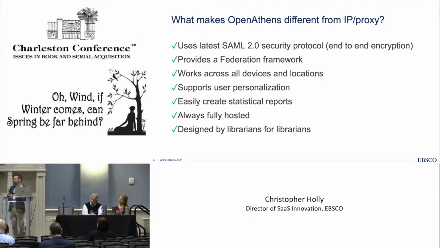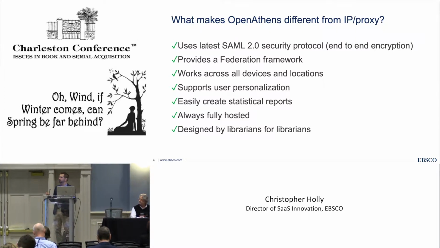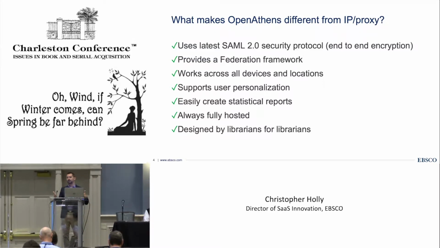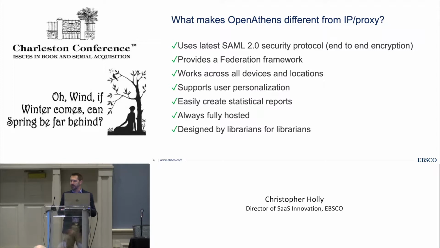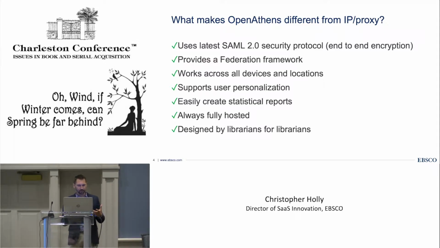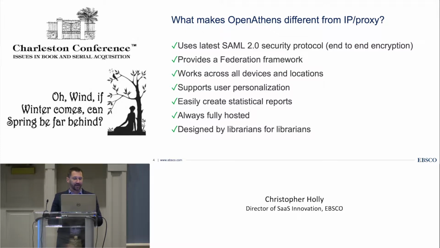One key piece that I think speaks to that cornerstone of enabling an easier end user experience is the fact that it works across all devices and locations in a very common way. So you can set up easy ways to access it. Plus, it also has a single sign-on capability to it. It supports user personalization. We'll see a quick example of that. And as I mentioned, easily creating statistical reports.